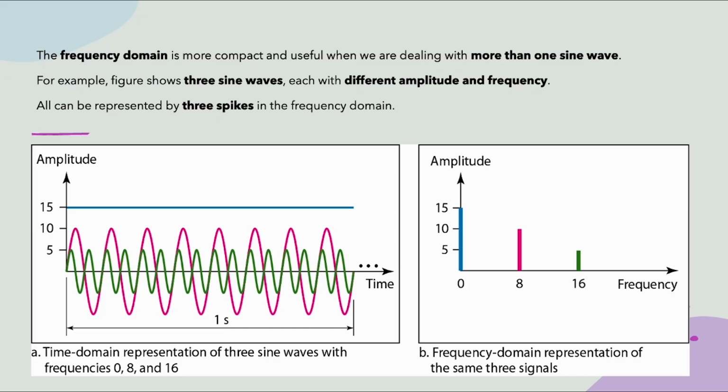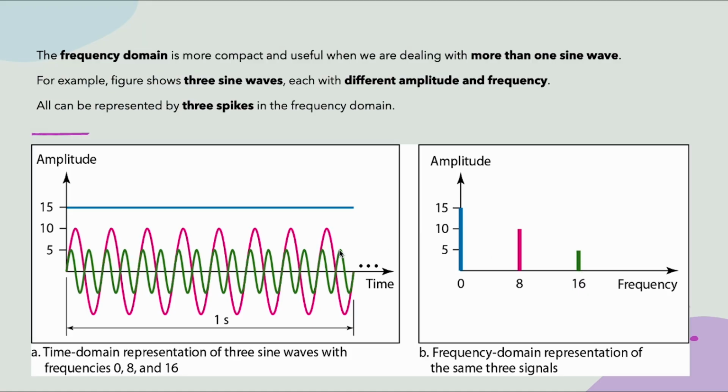When you draw this in the frequency domain, which means the frequency is the x-axis and the amplitude is the y-axis, you can easily describe these complicated sets of waves in three simple spikes, right? You have a frequency of 16 where the amplitude is smaller.